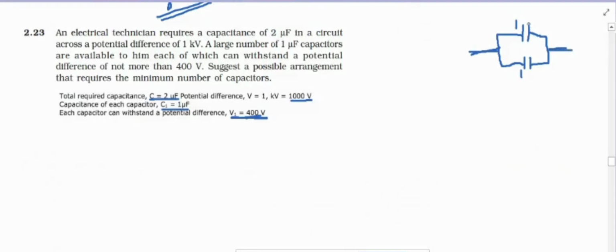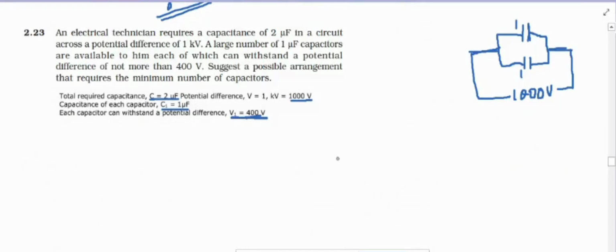But see the situation, what happens there. Available voltage is only 1000 volt. If you connect like this, then each capacitor will get the full 1000 volt, but the capacitors can sustain only 400 volt. So then what will happen? This kind of connection is not possible. So we need to think now about series, parallel, and all.